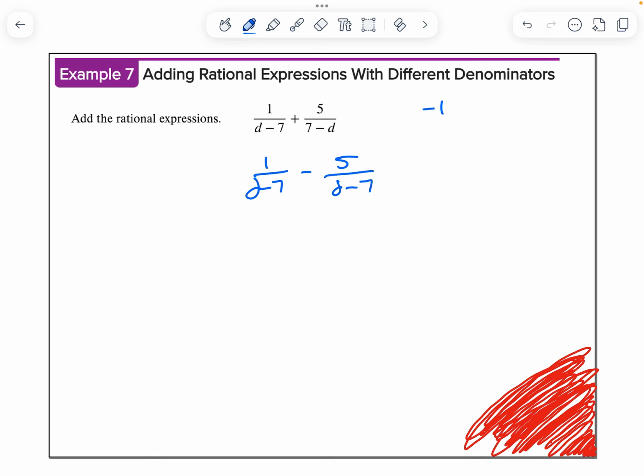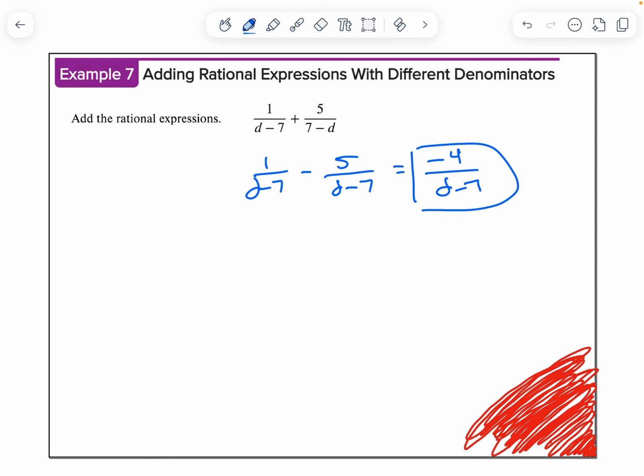Remember, negative 1 times 7 minus d is the same thing as positive d minus 7. If we distribute that, we've seen that as a theme here for the last several lessons: to get the opposite order of a difference of two items, we could factor out a negative. All right, 1 minus 5 is negative 4. And that's our answer. That was the easy way.